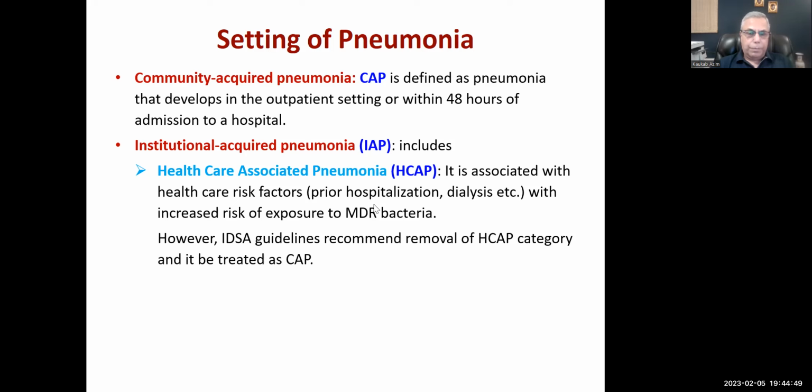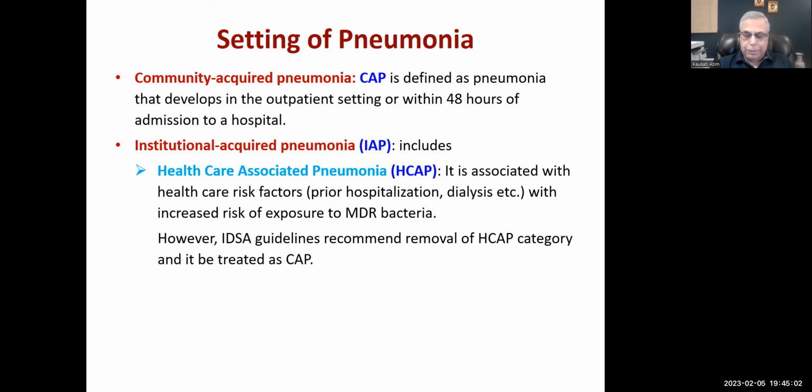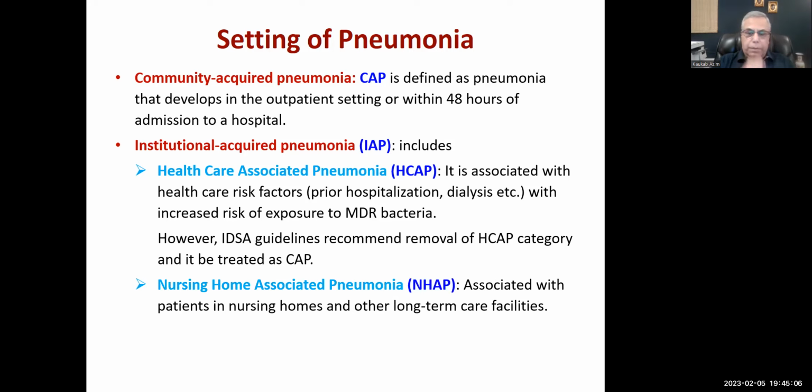However, as I've already said, the Infectious Disease Society of America recommends removing this healthcare associated pneumonia category, and it should be treated as community acquired pneumonia. Nursing home associated pneumonia is associated with patients in nursing homes and other long-term care facilities.